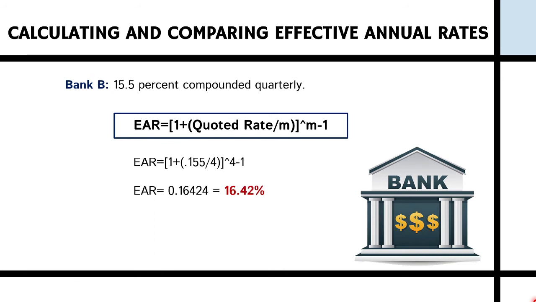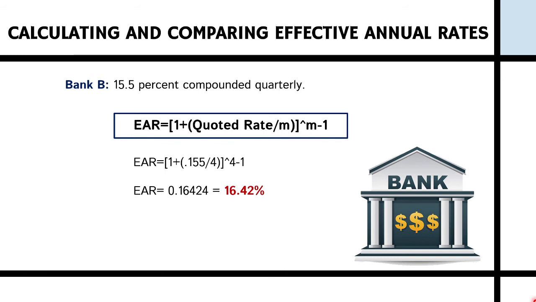Bank B, 15.5% compounded quarterly. We let EAR equal the quantity of 1 plus the quantity of 0.155 over 4, raised to 4, minus 1. So that is 0.16424 or 16.42%. We just repeated the steps on how to calculate the EAR.